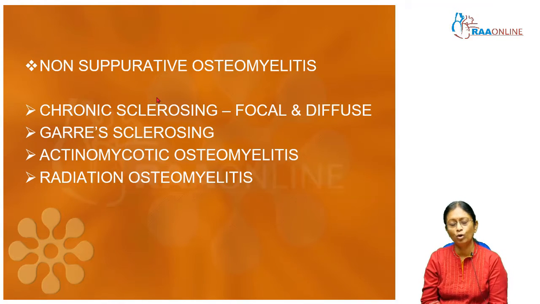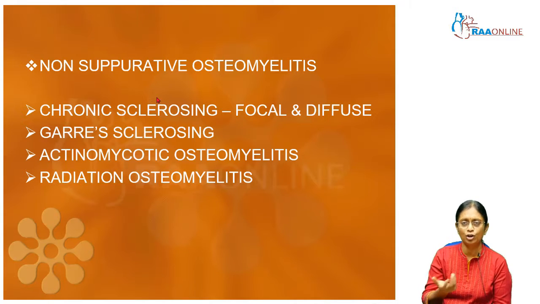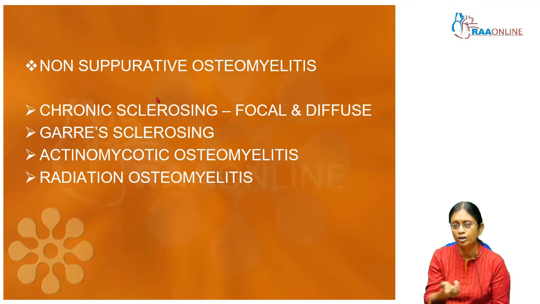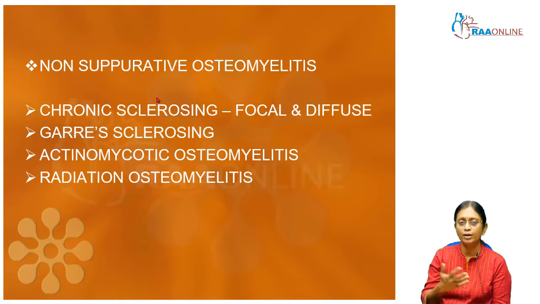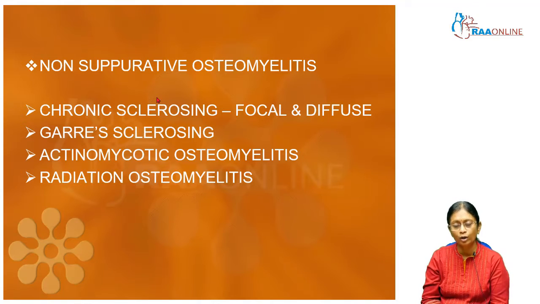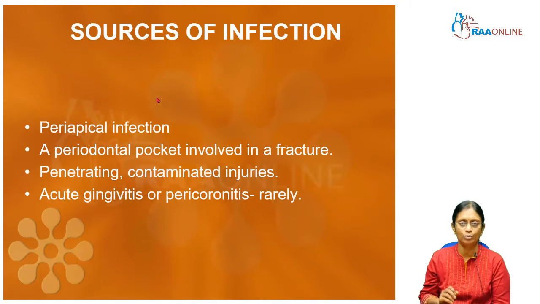Non-suppurative, because the bone is more hard and sclerosed in condition, and hence there is not enough intraosseous blood supply. Periosteal blood supply is minimal, endosseous blood supply is minimal, so it results in non-healing bone. It can be focal or diffuse chronic sclerosing, or Garre's sclerosing, and actinomycotic osteomyelitis and radiation osteomyelitis.